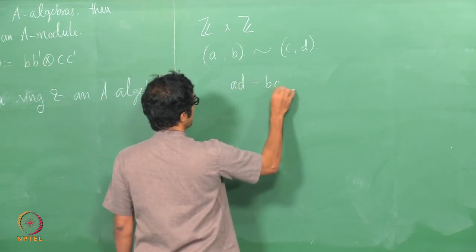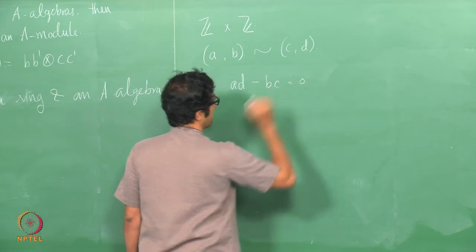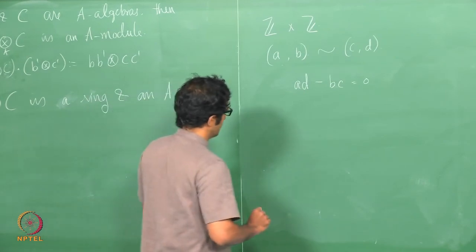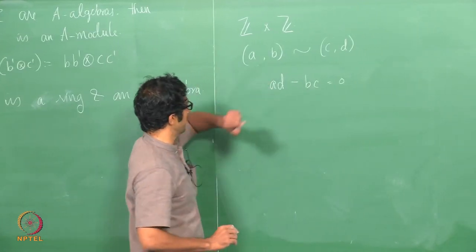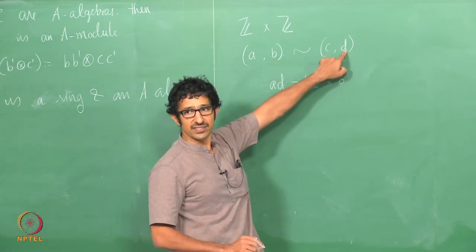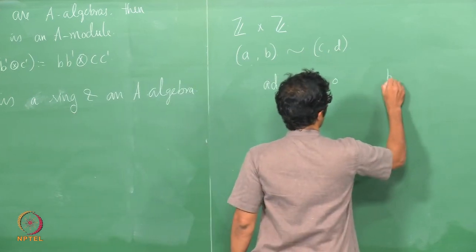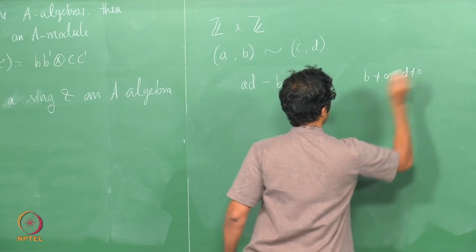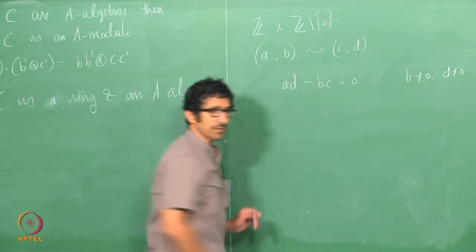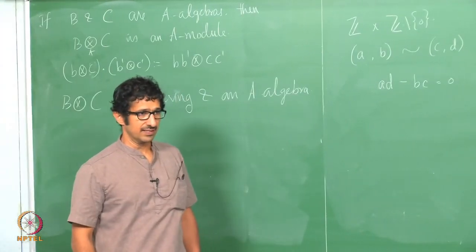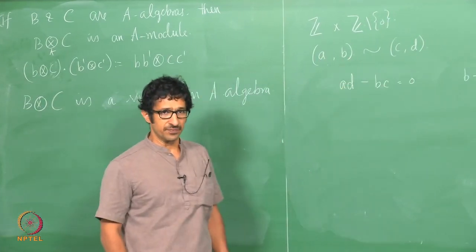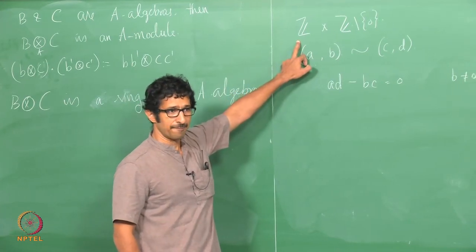AD minus BC is 0, right. But here we have one more condition, that neither B nor D is 0. B is non-zero, D is non-zero, or in other words the second component is in fact Z without 0, right. We are taking this cross product and putting this equivalence relation on this set. Okay.